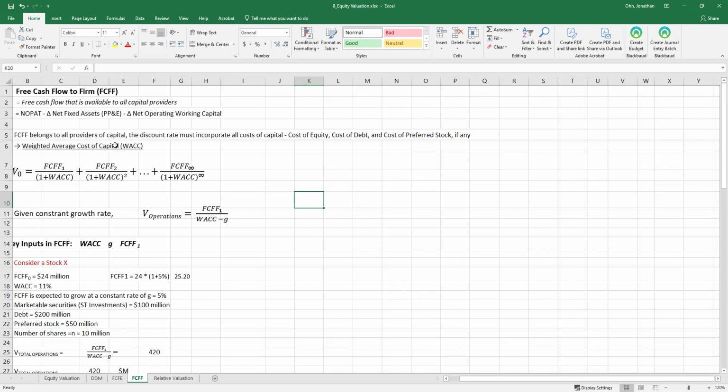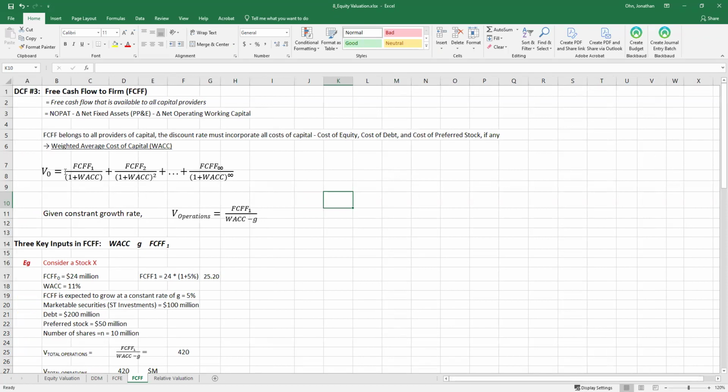That should be the right discount rate for this calculation. WACC is used as the discount rate, and we calculate free cash flow to the firm.